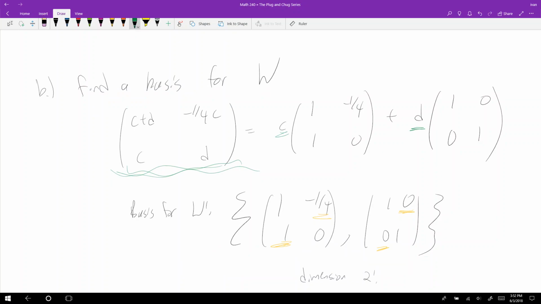So really, the hard part of this problem was finding what the subspace was. But once you have the subspace, you essentially have the general form, and then you create a basis for it by extracting out each independent unknown and having that unknown multiply some matrix.